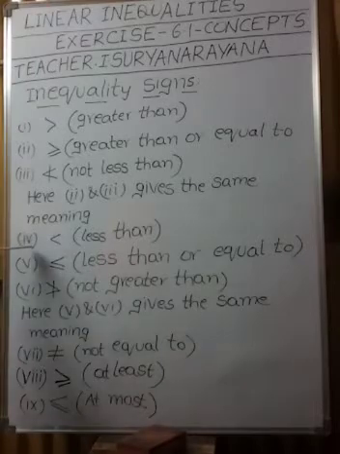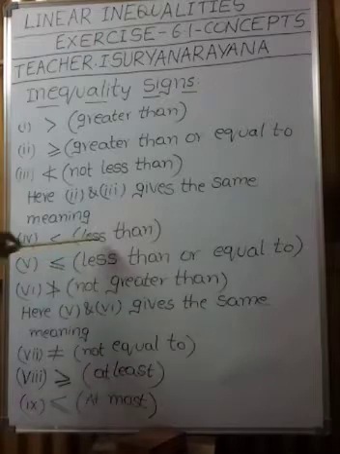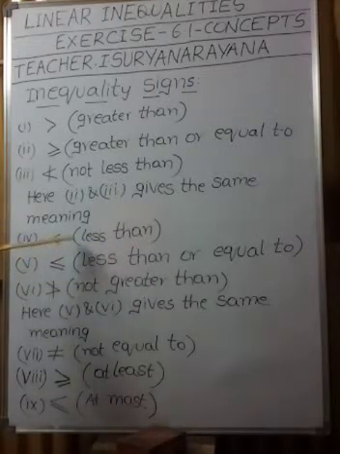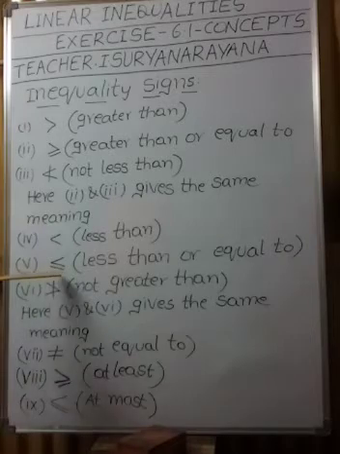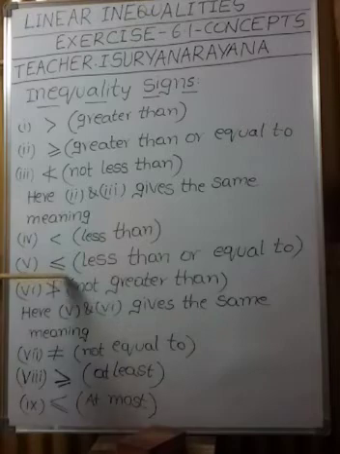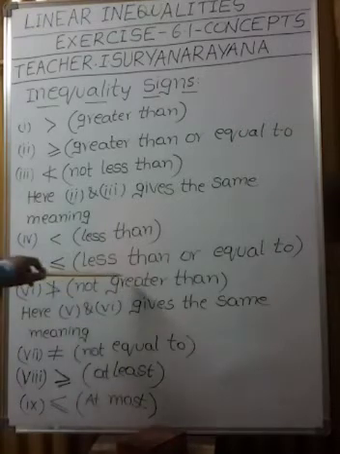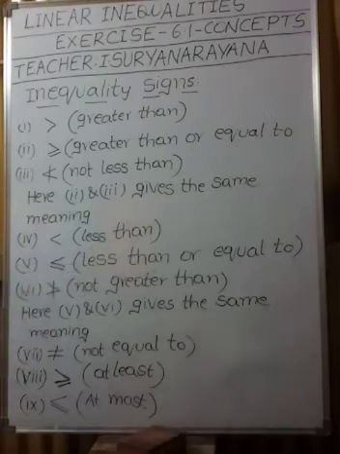Now come to the fourth inequality sign, less than. This inequality sign is called less than. Next, fifth inequality sign, less than or equal to. Under the less than symbol, here a line is drawn. So this is called less than or equal to sign.